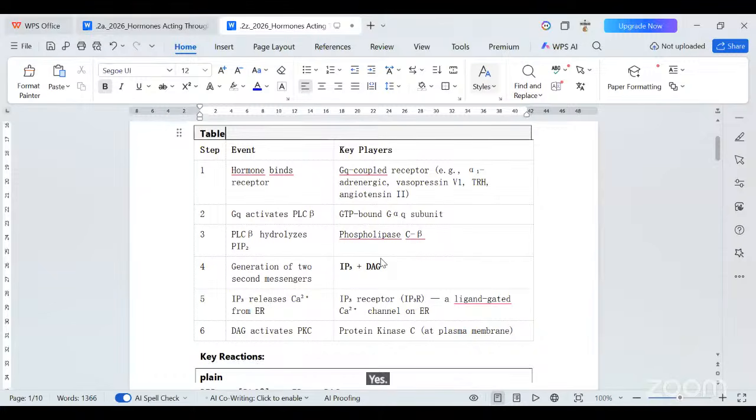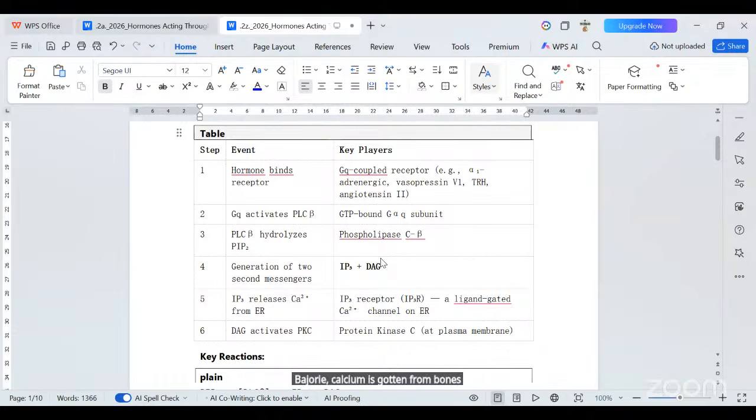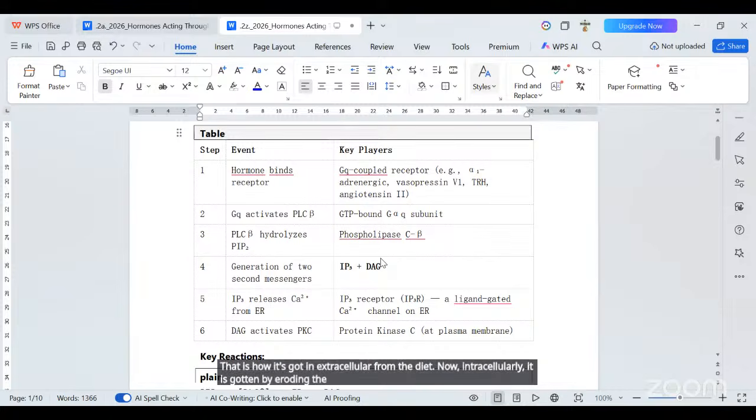Yes, I said the sources of calcium could be intracellular or extracellular. Extracellularly, it is from when we take our diets. When we eat, you eat bones, you take supplements. Majorly, calcium is gotten from bones. Now, intracellularly, it is gotten by eroding the bones.